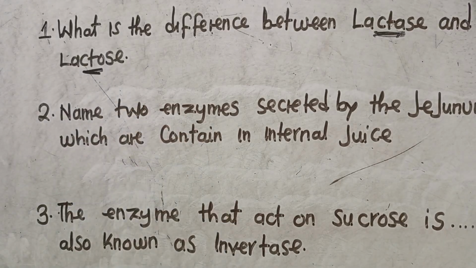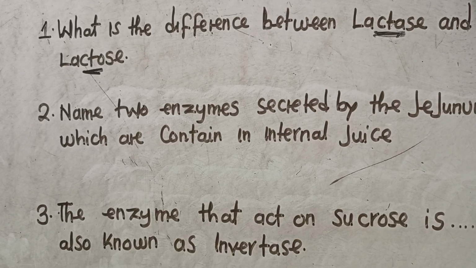Lactose is a disaccharide sugar composed of two monosaccharides, glucose and galactose. In summary, lactase is the enzyme that digests lactose, but lactose is a sugar found in milk that requires lactase for digestion.